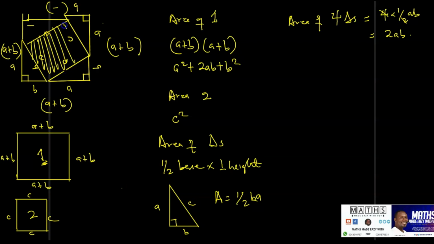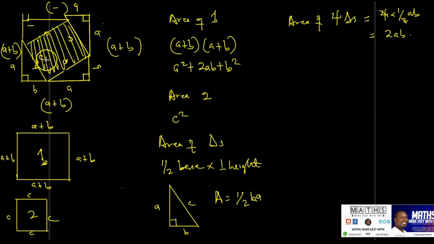How can you generate the shaded area here? If you have been given 4 triangles, or a square like this, and then what you don't know is the inner square which is found here. How do you connect them?